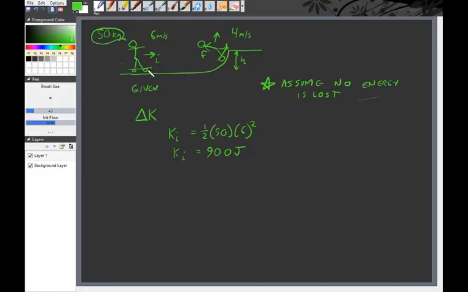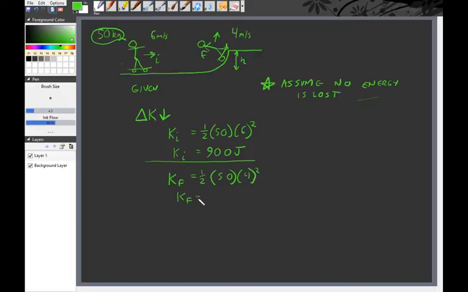We would expect after going up that ramp, some of his initial kinetic energy is going to be stored as potential energy. So we're assuming his kinetic energy is going down. In fact, we don't really need to make the assumption since we know he's at 4 meters per second here. That's slower. So what's his final kinetic energy going to actually be? Let's find out. Final kinetic energy is 1/2. Mass is the same. Final velocity is 4.